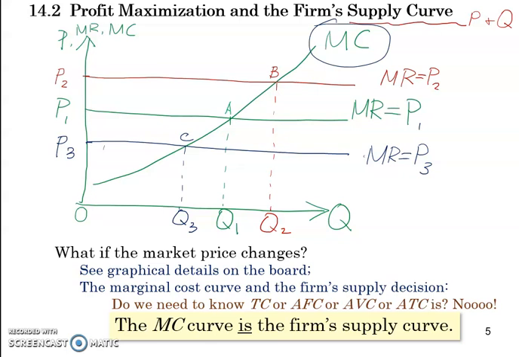As we already discussed, to be able to figure out the profit maximizing point, we have to have the marginal revenue curve and the marginal cost curve, right? So these two are what we really need when we figure out the economic profit or loss.